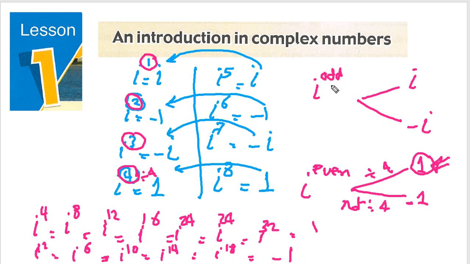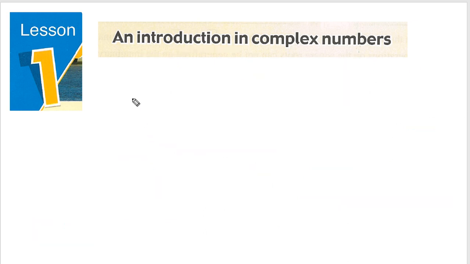But what about an odd number as a power of i? First, you subtract 1 from the power. Why? To change it to even. Look, if you have i to the power 23, subtract 1 from it and it will be i to the power 22.